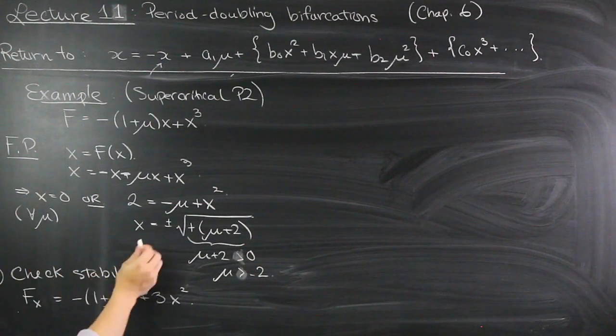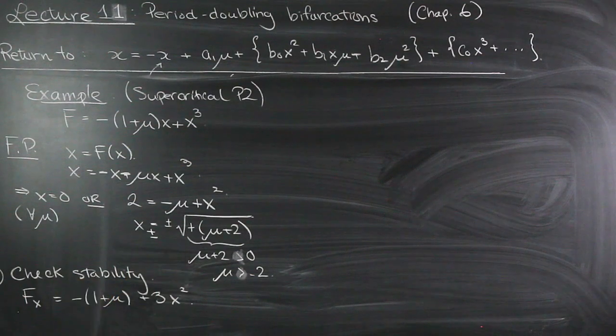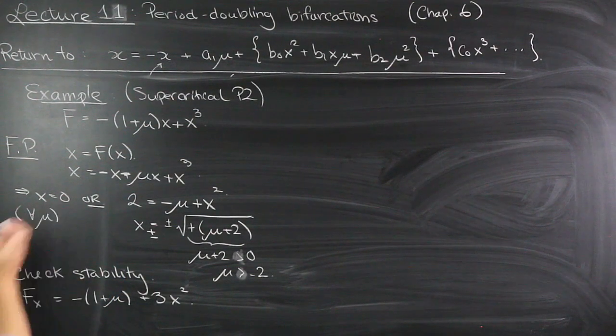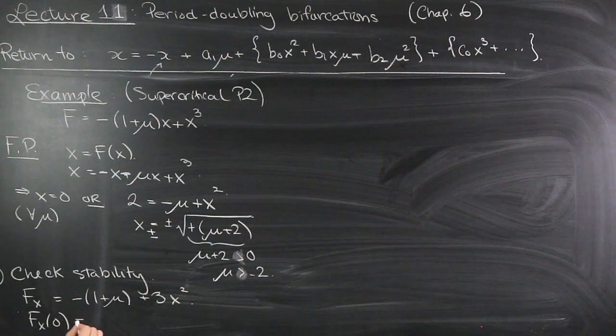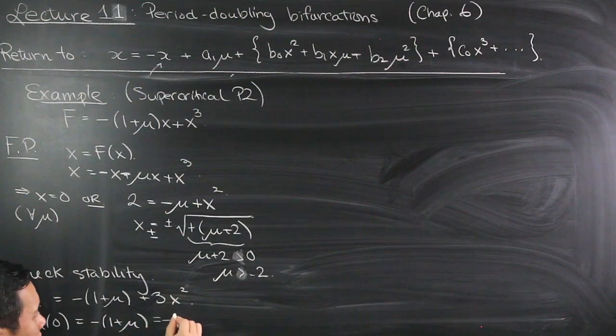Let me call this one here x plus minus, just for the notation's sake, and then this one will be the origin. So firstly, f_x at 0 is equal to minus 1 plus mu, and just for my sake, because I'm slow, that's minus 1 minus mu.